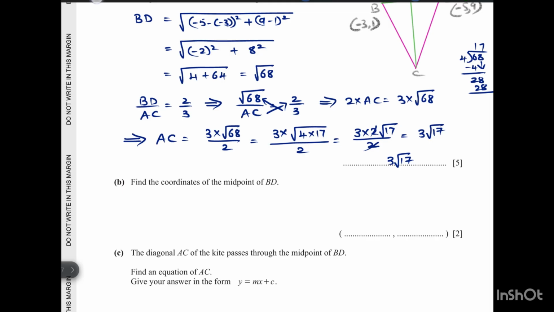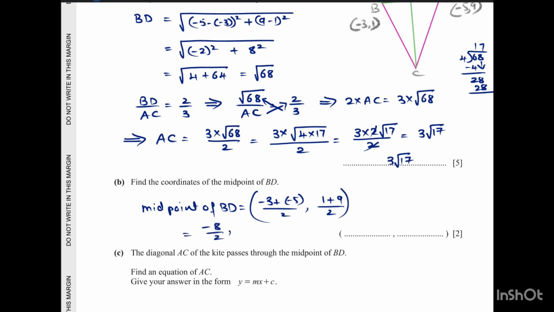Take the coordinates of B and D. So x1 is -3 plus x2 is -5 by 2. y1 is 1 plus 9 by 2. -3 minus 5 is -8 by 2 and 10 by 2. That will be -4 and 5. This is the midpoint of BD.